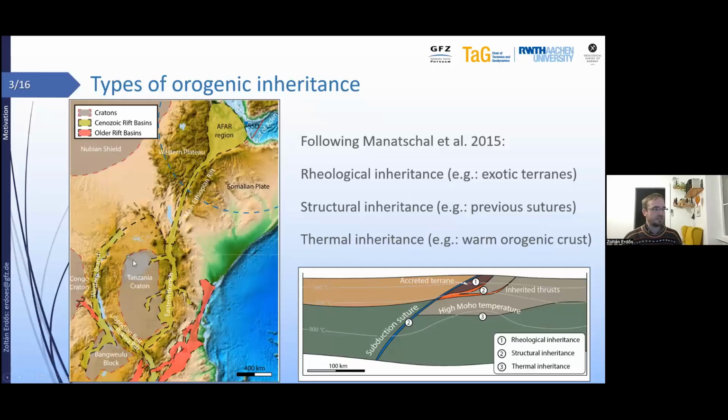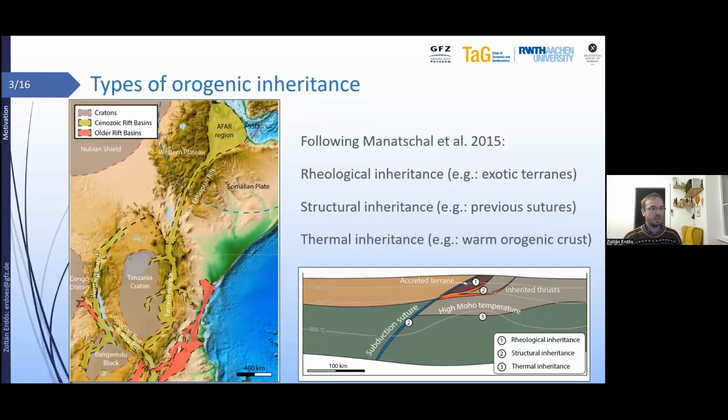For example, in East Africa, we have the Tanzania craton, a strong Archean cratonic block. As the main Ethiopian rift propagated southwards, it encountered the Tanzania craton, and rather than going through it, it split into a western and eastern branch and went through past orogenic lithospheres that are easier to deform.